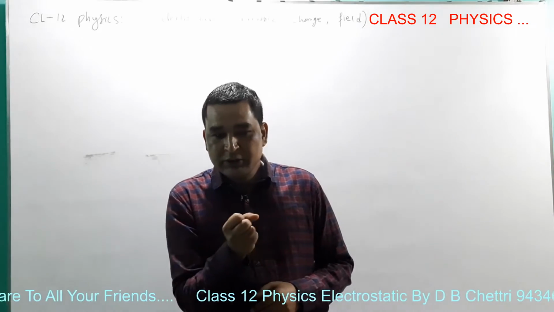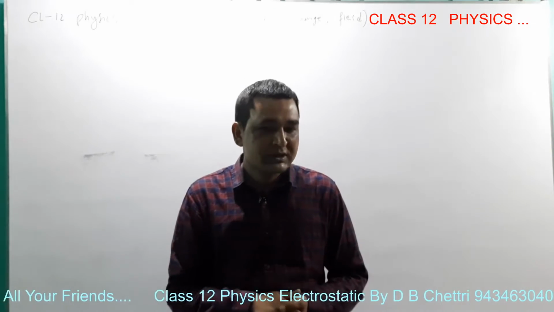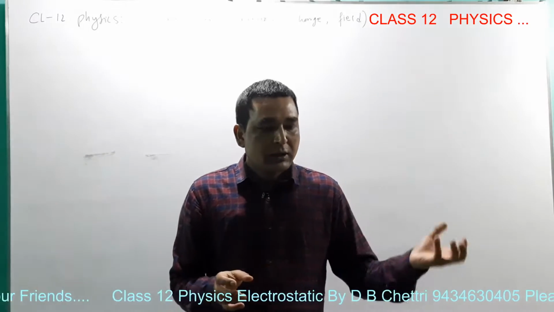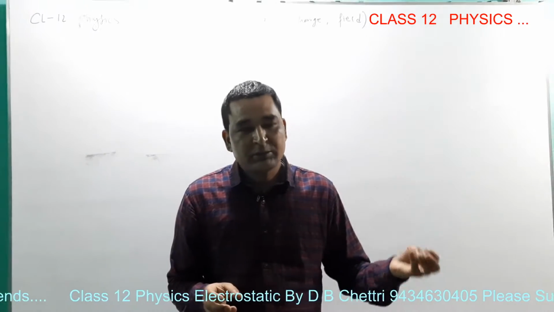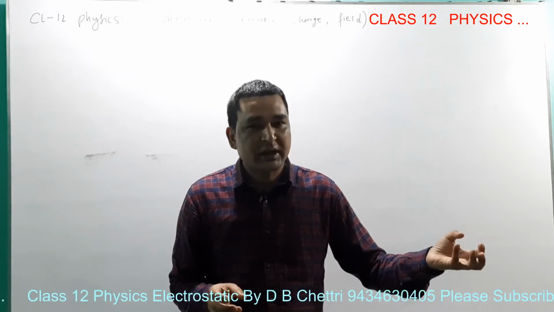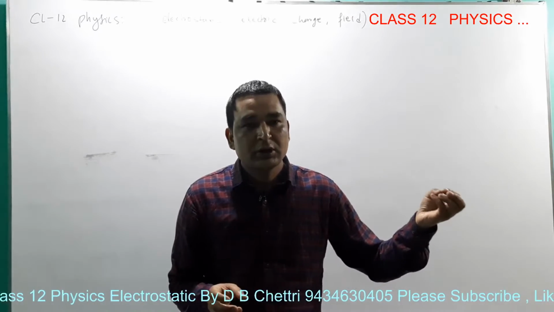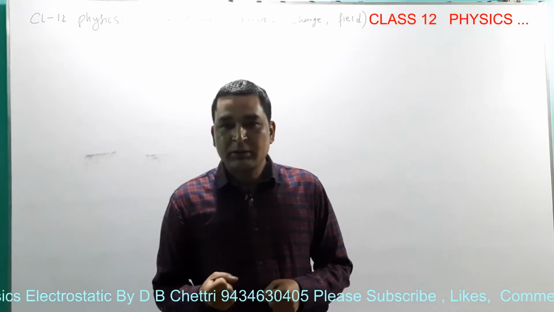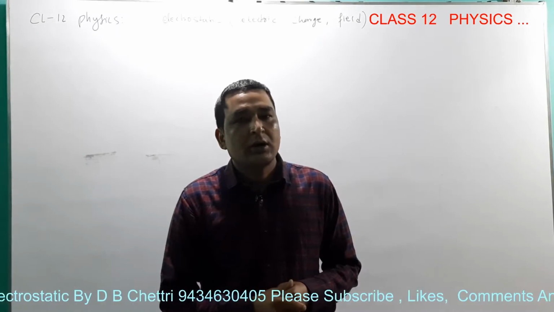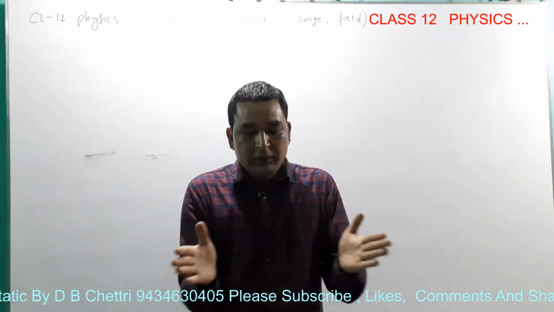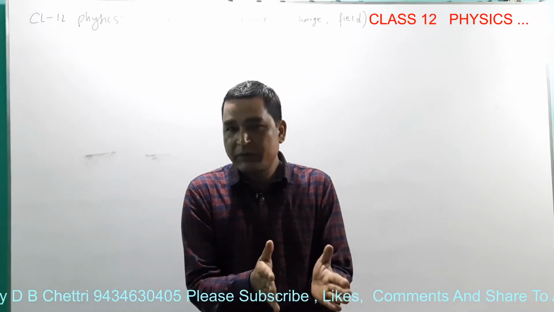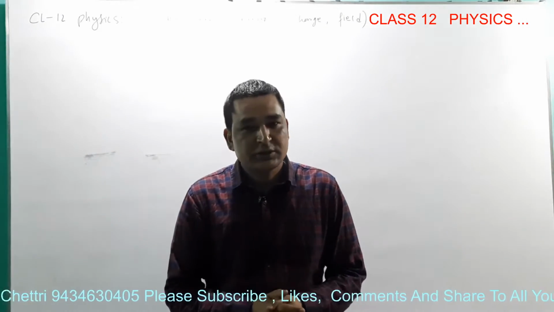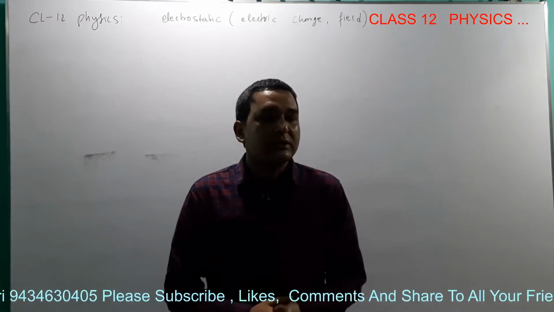The number of electrons gained and lost is always the same. Suppose one body loses 2 electrons, so only protons are exposed, and its charge is plus 2e. The other body gains the same 2 electrons, and its charge is minus 2e. If you add the charges after rubbing, the net charge is 0. That's why electric charge is conserved.